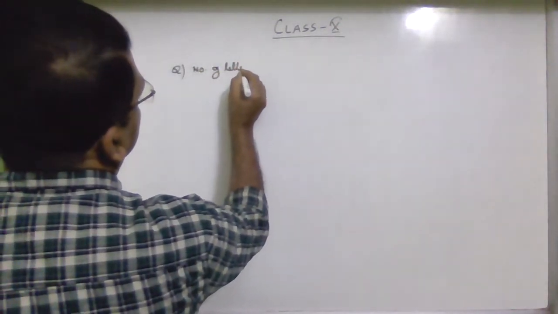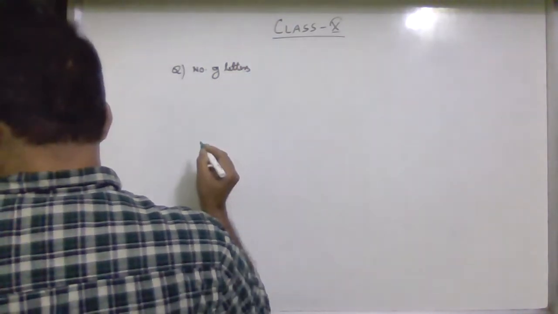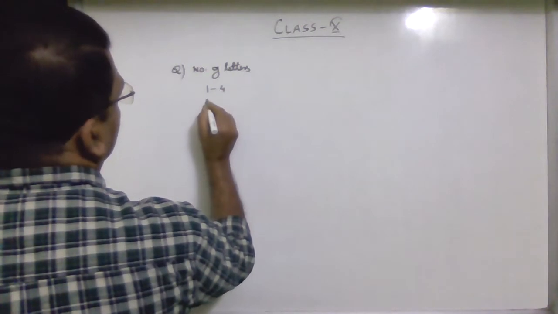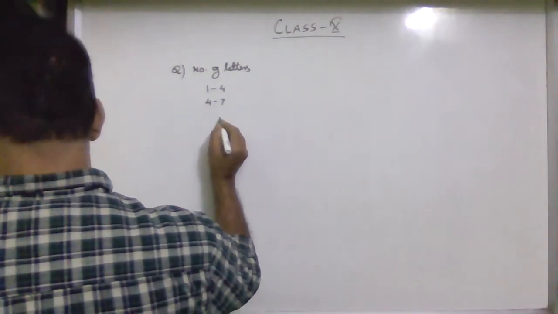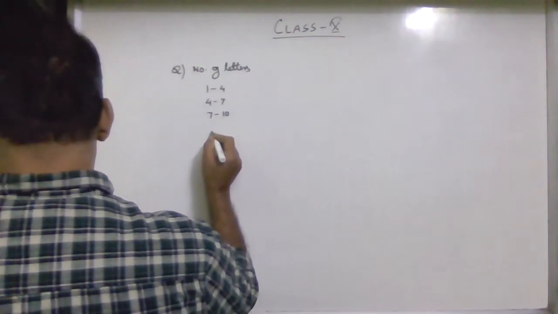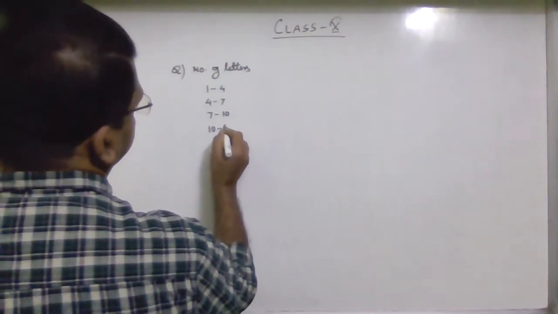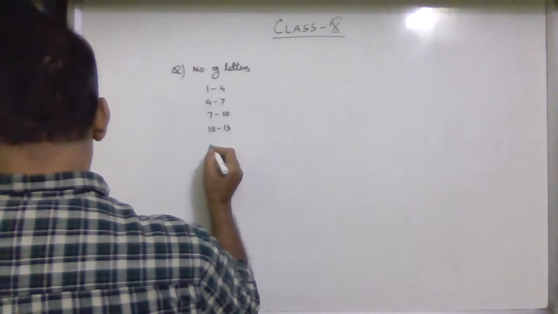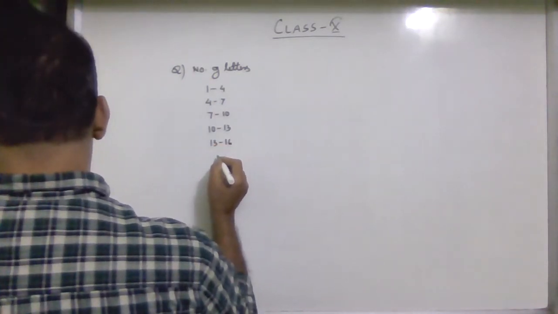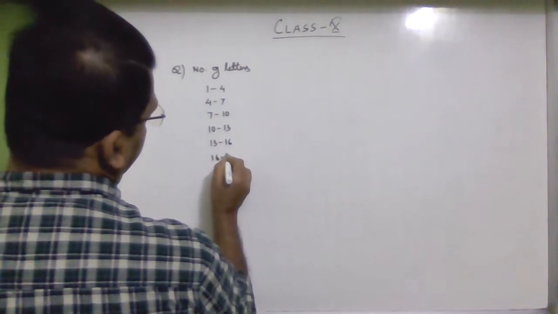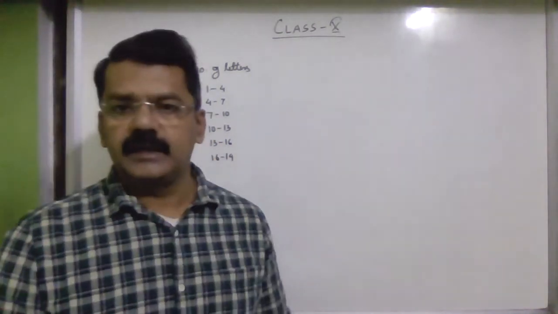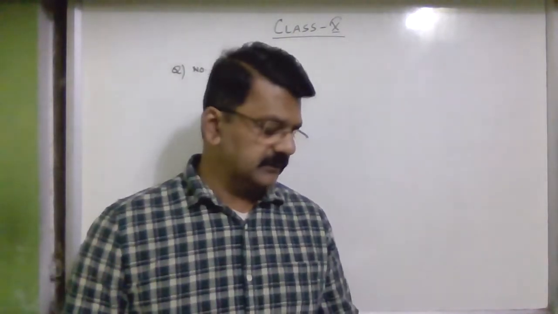Number of letters: 1 to 4, 4 to 7, 7 to 10, 10 to 13, 13 to 16, 16 to 19. Okay, they are the number of letters in the surname.